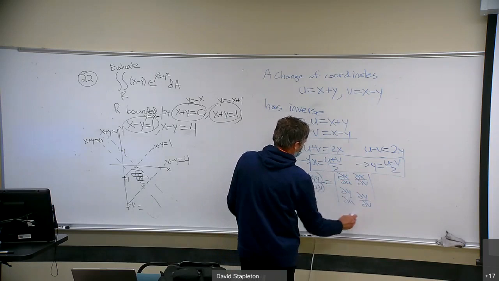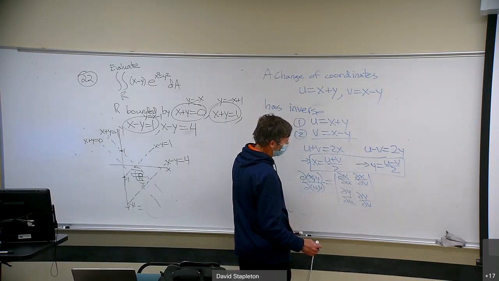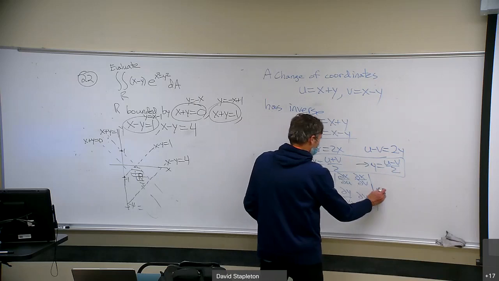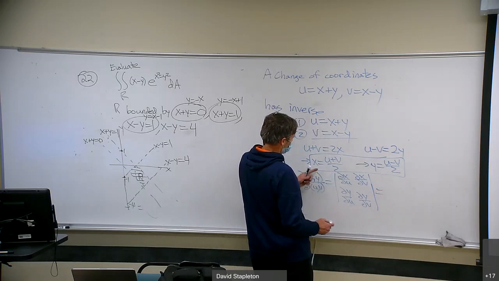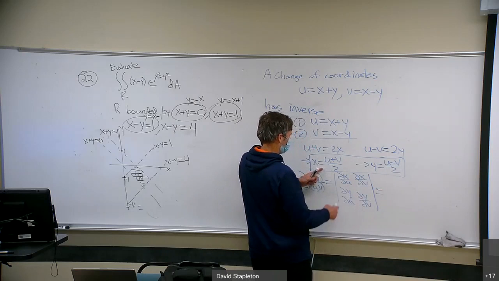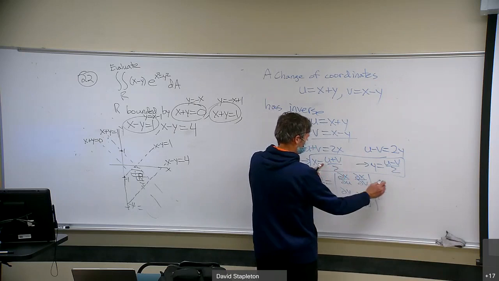And actually, if you forget and put the x's and y's down and the u's and v's across the other way, it comes out the same number, so it doesn't matter. But the usual convention is to put x's and y's and then u's and v's. All right, so partial x with respect to u is 1/2, plus the derivative with respect to v of v over 2 is 0, so you just get 1/2.